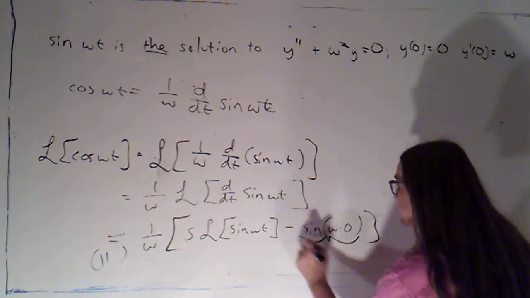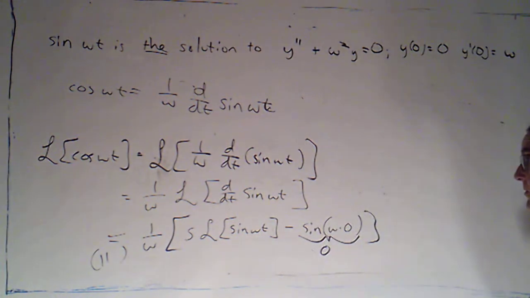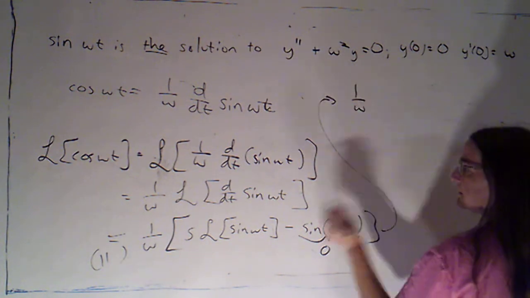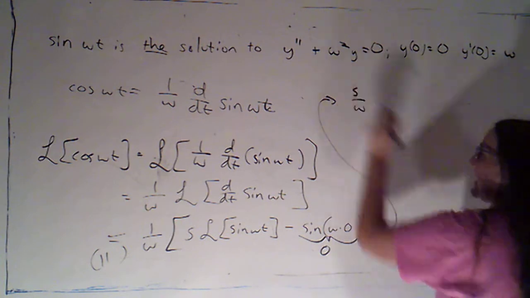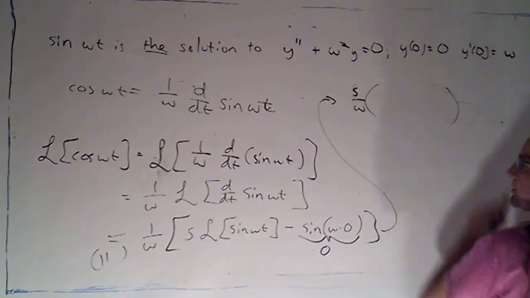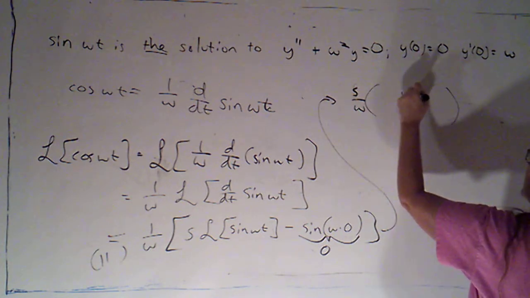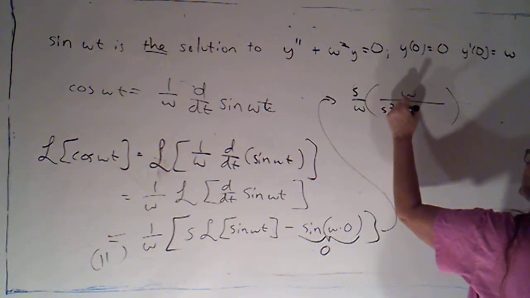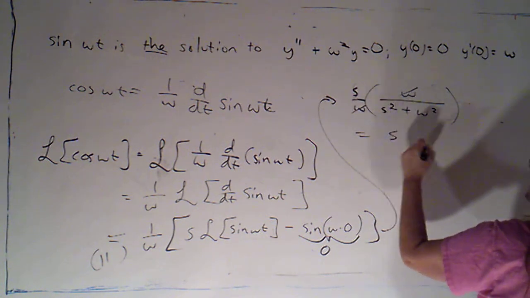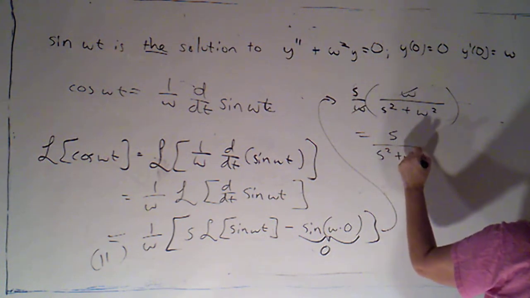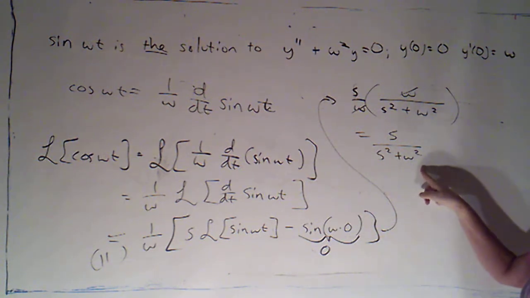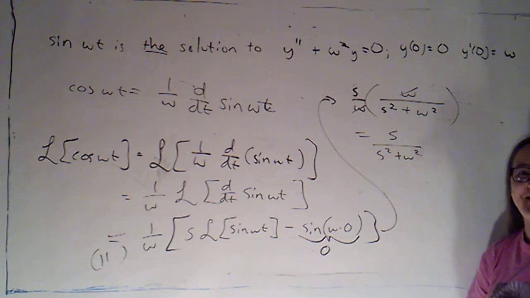And of course, this is just sine of 0, which is 0. So this gives me 1 over omega times s, so let's just write that as s over omega. And we just saw that the Laplace transform of sine omega t was omega over s squared plus omega squared. Cancel those omegas, s over s squared plus omega squared. Holy cow, that's the Laplace transform for cosine of omega t.